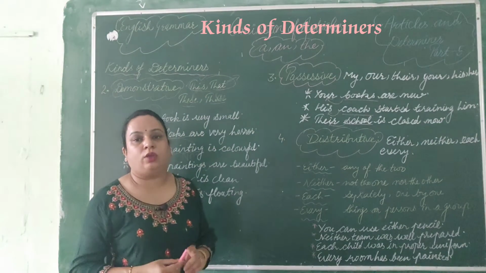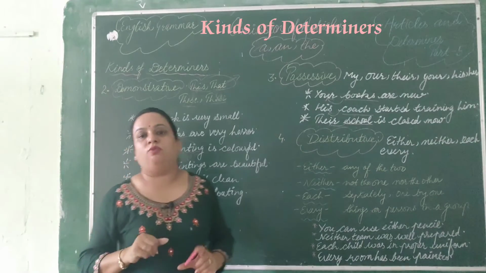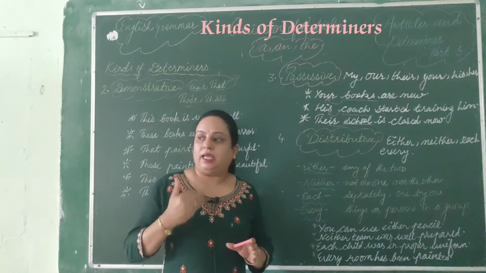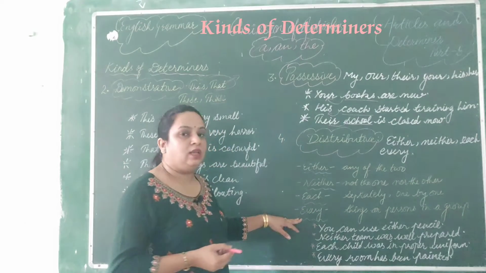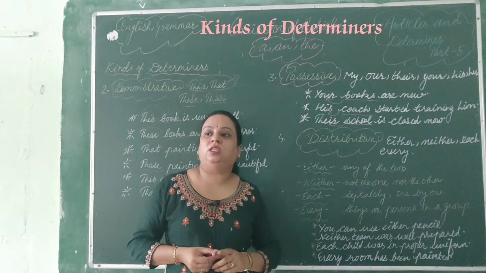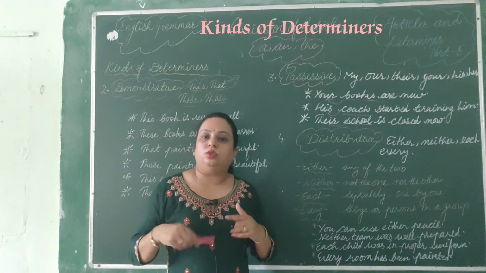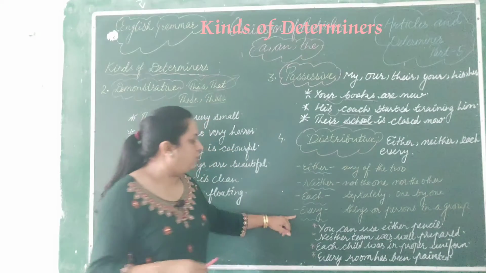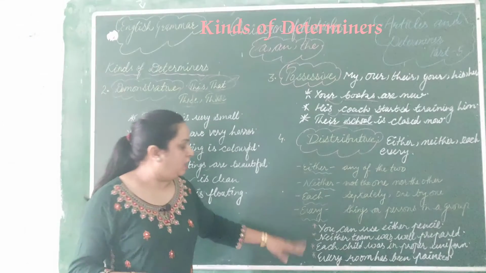Each means when we are talking about something separately, like each student has to carry a water bottle, means उनको अकेले अपनी लेके आनी है, so each student has to carry. And the second one is every, when we talk about things and persons in a group, ठीक है, तो जब हम चीज़ों को ग्रुप में यूज़ करते हैं, so for that we have to use every, each and every, right?